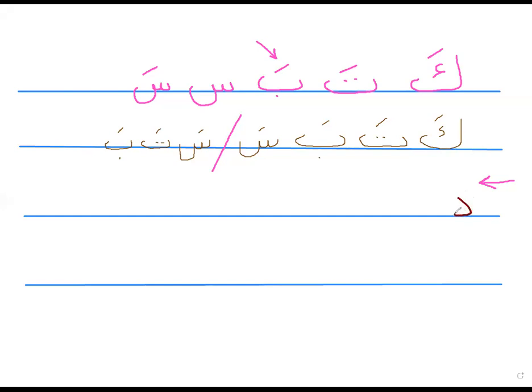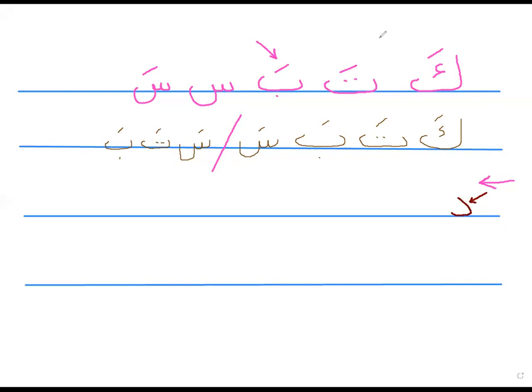You draw all of it on the line like that. Remember, this little arm of the dal, or wall of the dal, is a bit diagonal when it's alone. It's going to be slightly different when it gets connected to other letters from the right side. But when you draw it alone, try to make this wall diagonal.